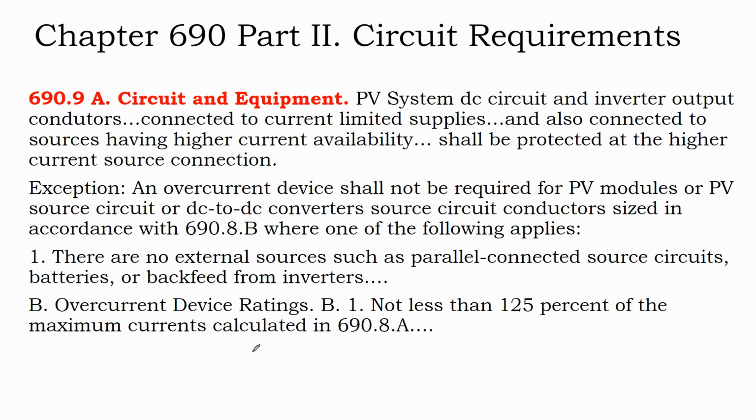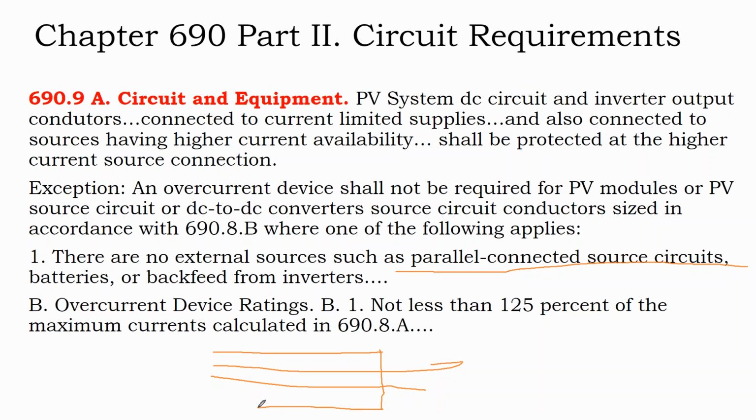And so to help prevent that, whenever you have, and there's a debate on whether it's two or more or three or more, but whenever you have multiple circuits coming together, you put in a fuse rating, you fuse them so that they can't backfeed each other.